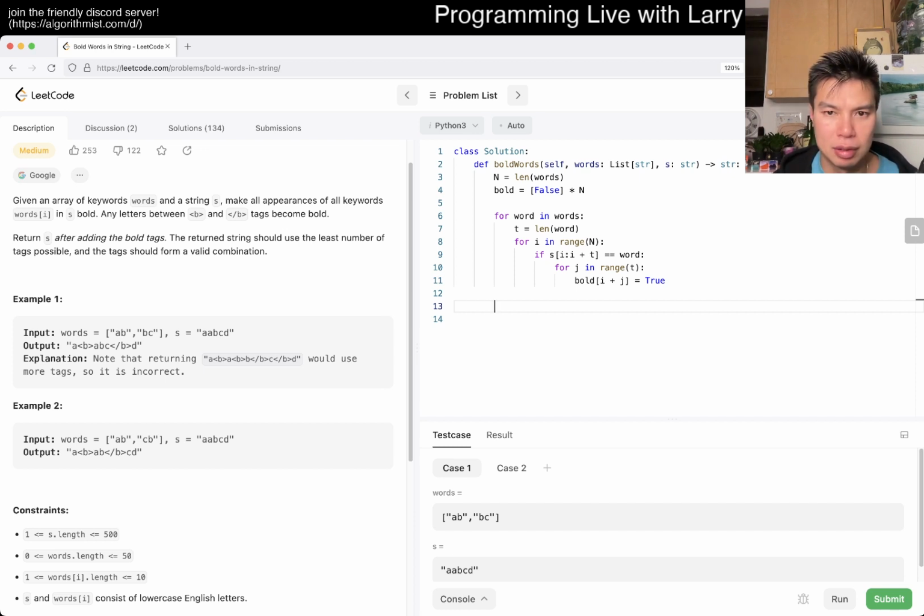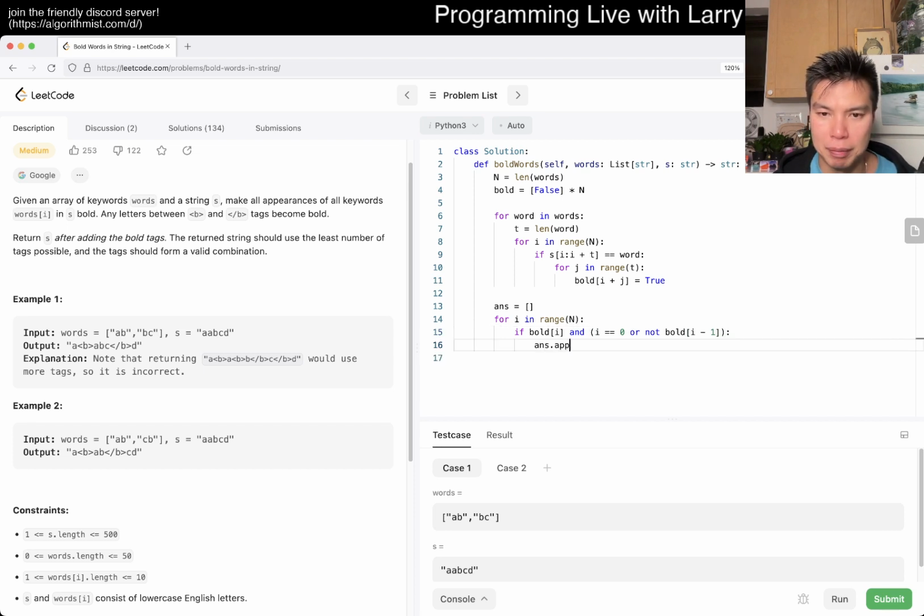First, if bold sub i and not bold sub i minus 1, something like this, right?